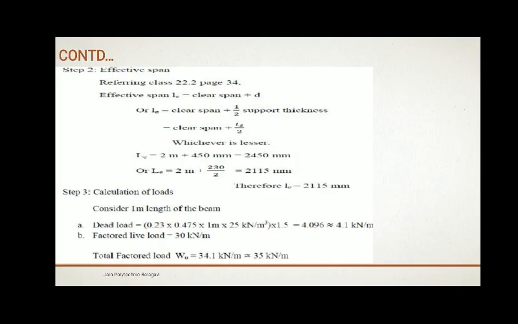After doing it factored, we get factored live load equal to 30 kilonewton per meter. So the total overall factored load W is equal to 34.1 kilonewton per meter.